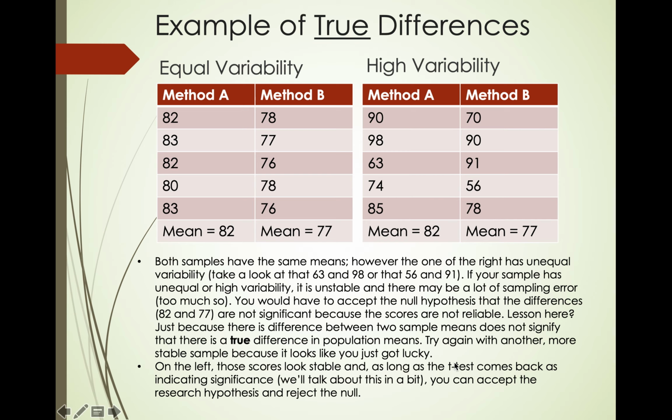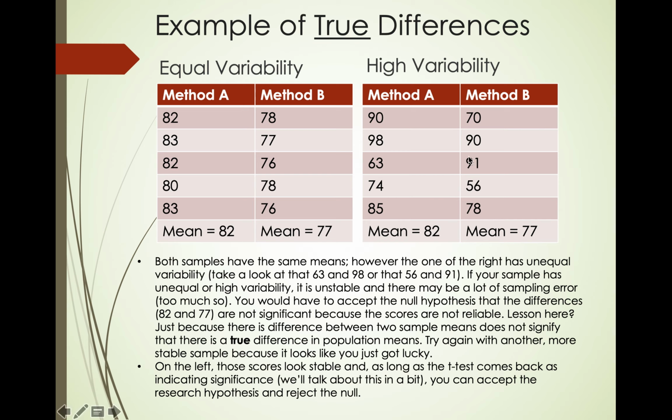So try again with another more stable sample, because it looks like maybe you just got lucky in terms of seeing those means. On the left, these scores look stable. And as long as the t-test comes back as indicating that there's a statistically significant difference, we'll talk about this in a bit, you can accept the research hypothesis and reject the null.